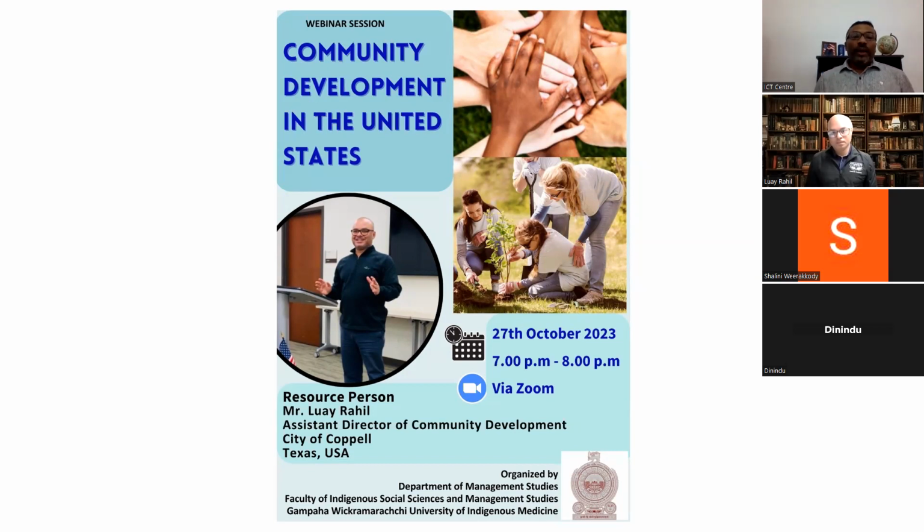He will explain how community development is done in the United States. As a developing country, Sri Lanka can learn best practices from the US: how to do community development, how to develop a community department, and so on.